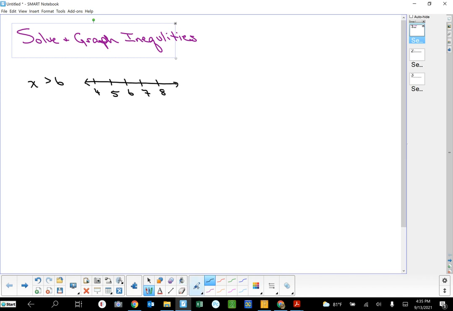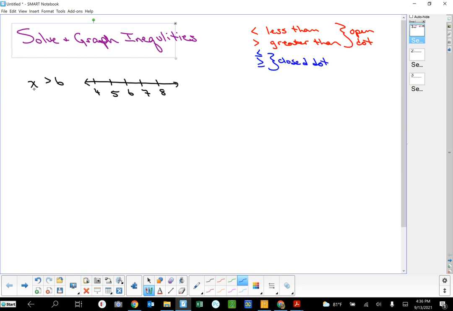And so, again, really quick, remember that if we have a less than or a greater than, these get an open dot. And if we have a greater than or equal to, or less than or equal to, then these get a closed dot.